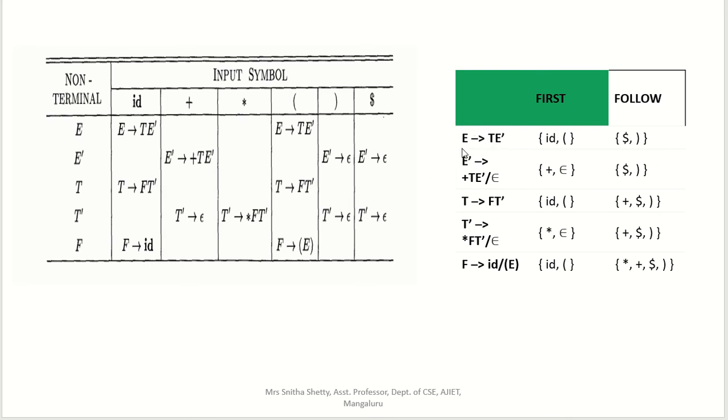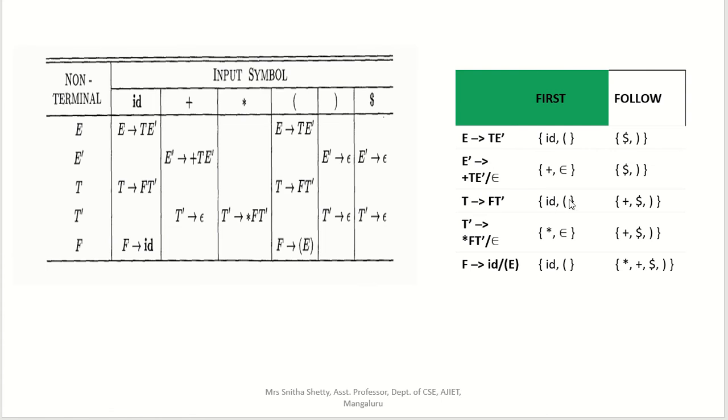Look at the left hand side variable. It is E, right? So where is your E? E is in the non-terminals, it comes in the first place. So E gives T E dash. Now what you should do is take the first of T. You should take the first of the right hand side variable. So what is first of T?